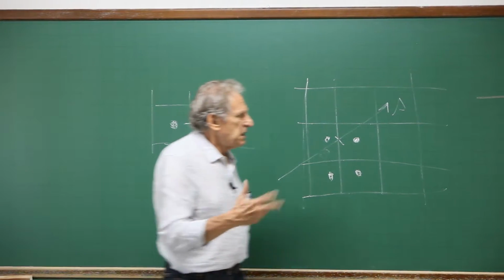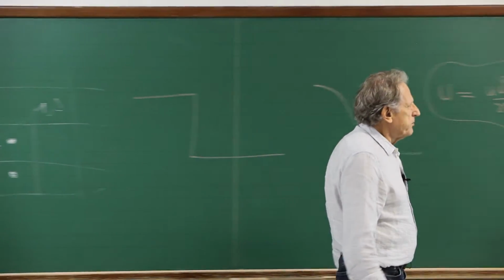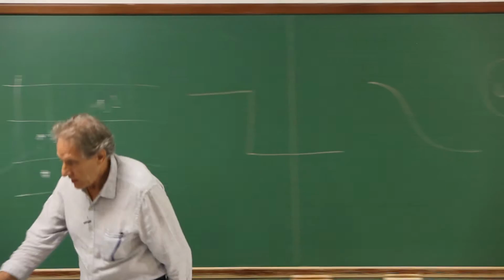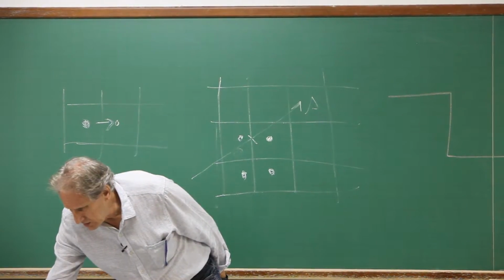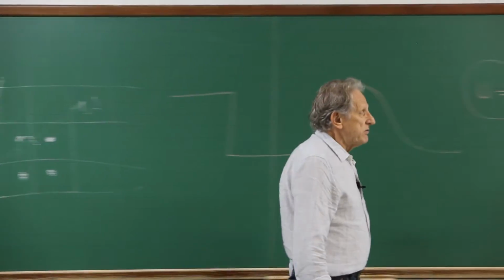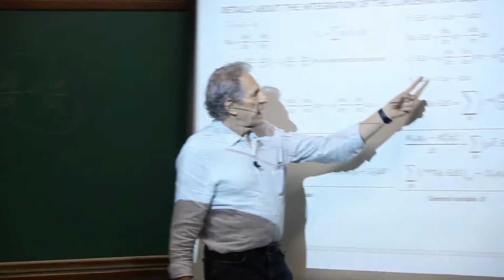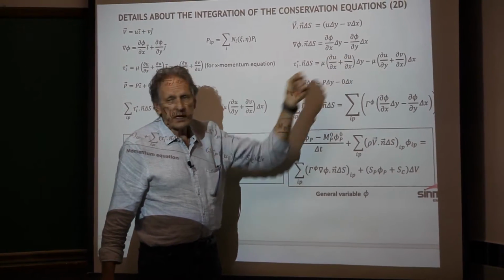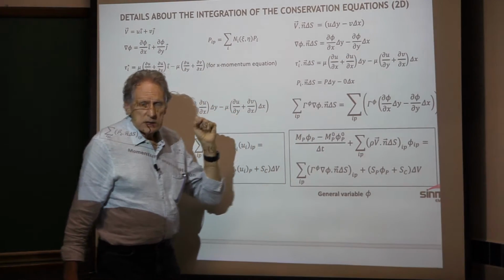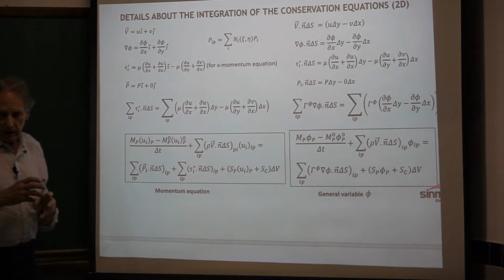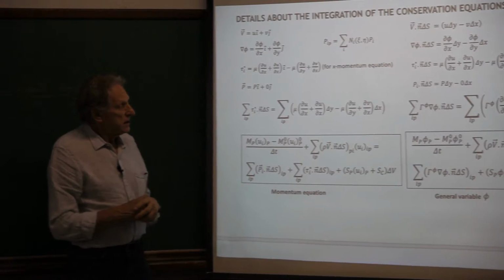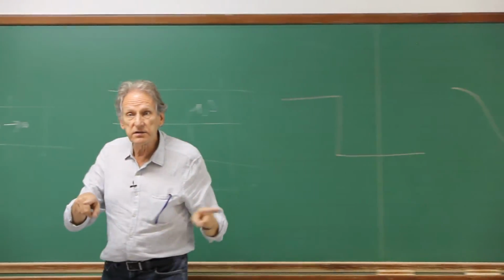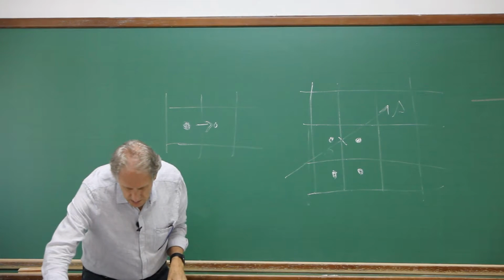Now there is another piece of information here that is not ready for the equations, because I have derivatives, derivatives with respect to x and with respect to y. I need to get rid of these derivatives. And now the shape functions enter in the diffusion terms.